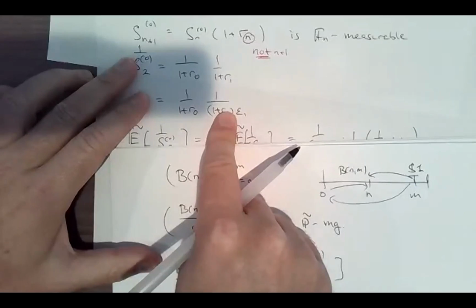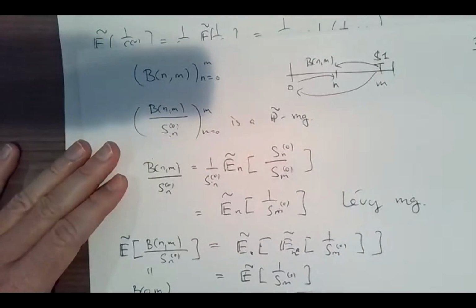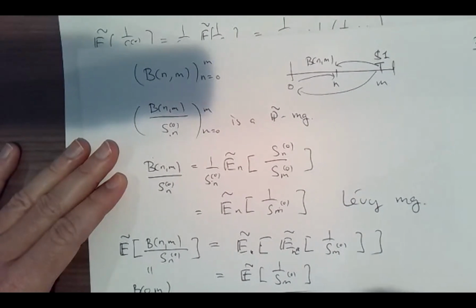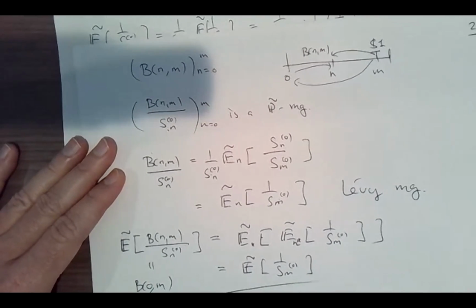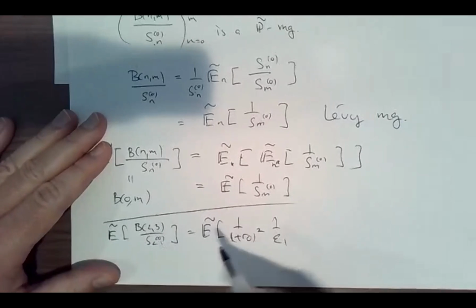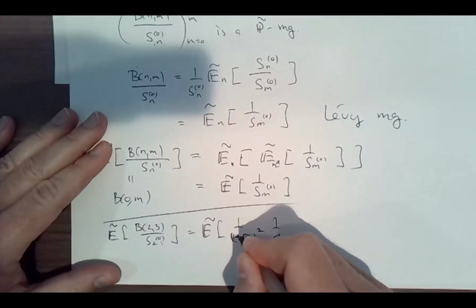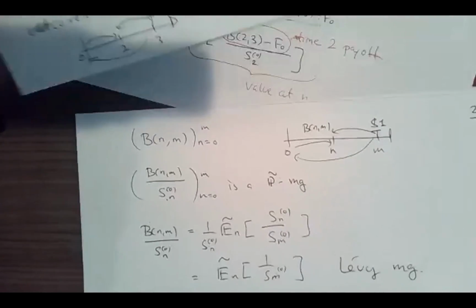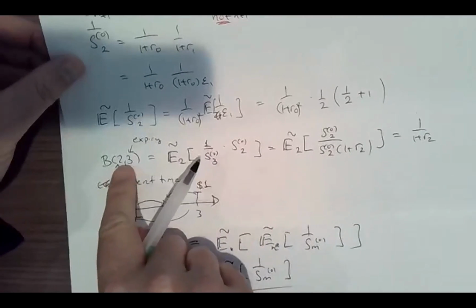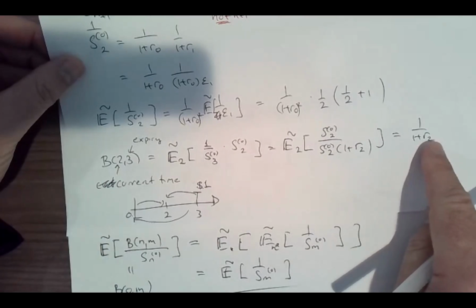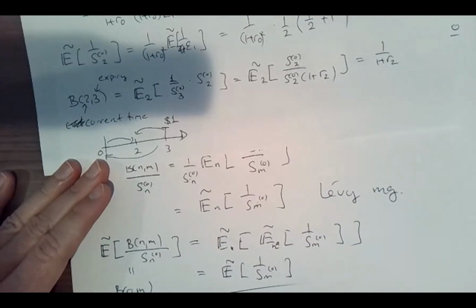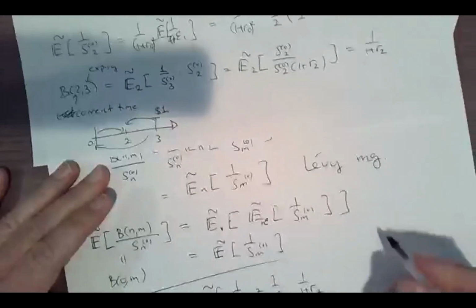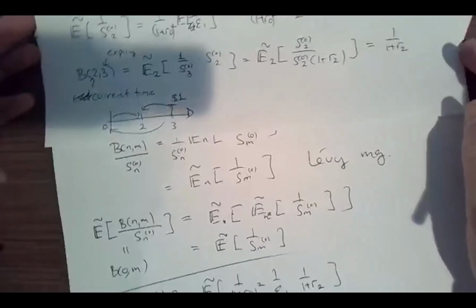That one was here. So this is an expectation, 1 over 1 plus R0 squared, 1 over epsilon 1. That was 1 over S2. That was that part. So now we need the top part. The top part was my B23. That was 1 over 1 plus R2. I'm going to compute this mess.